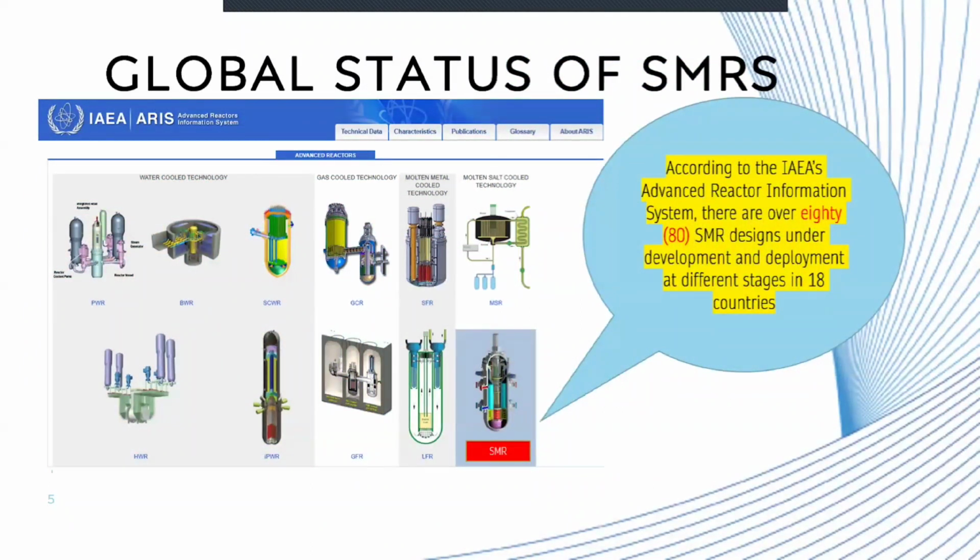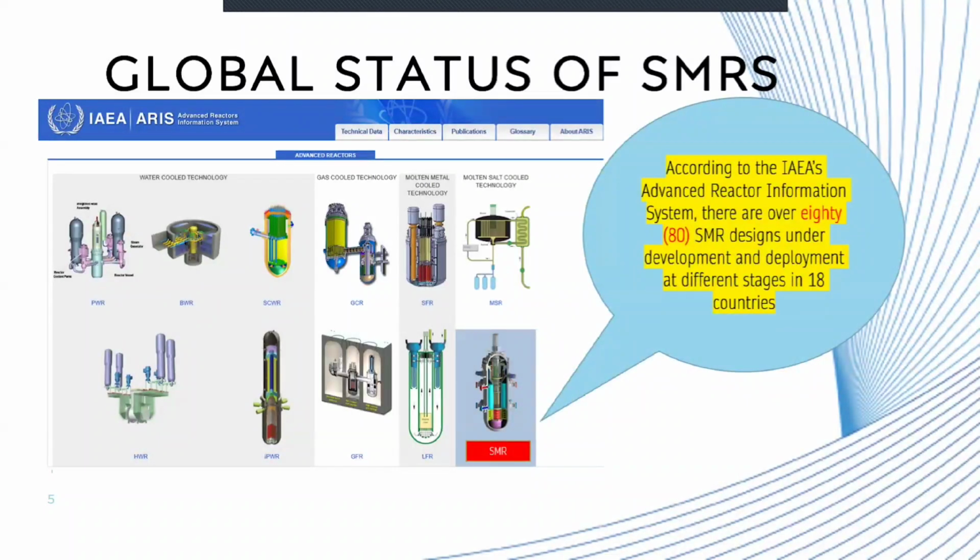So when you check the IAEA's website, there are propositions of about 80 SMR designs, which are under development and in deployment at different stages. All of these 80 designs are fission reactors, which are using different kinds of technologies, but they all fall within the small modular reactor technology.